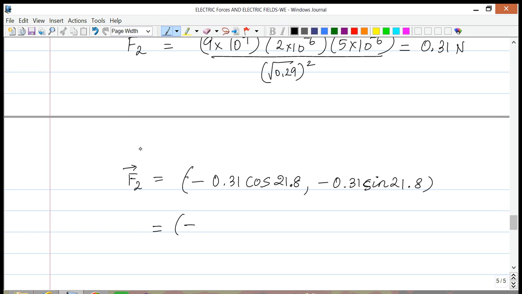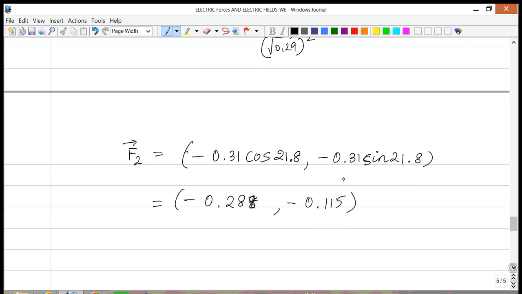So that happens to be negative 0.287 or 288, and then the other one happens to be negative 0.115.